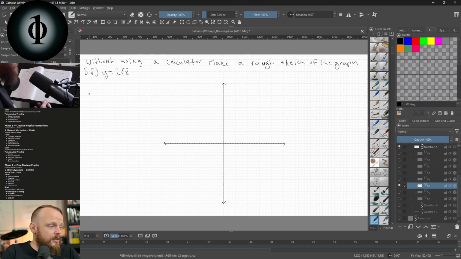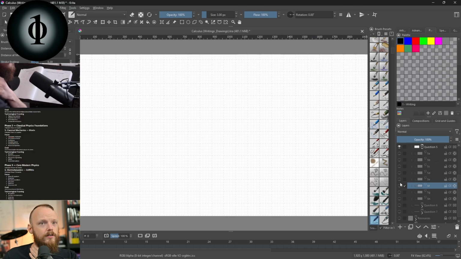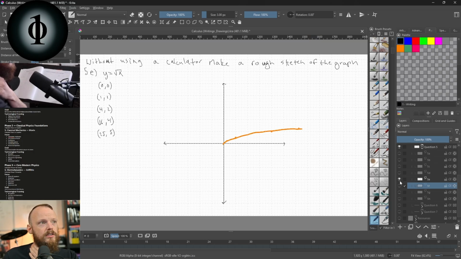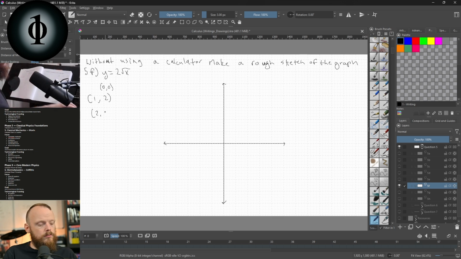Well, now we're literally going to be that same graph, but 2 times in the y direction. So 0, 0. One, 2. I'm going to cheat here. So we're 0, 1, 4, 9, 16, 25.